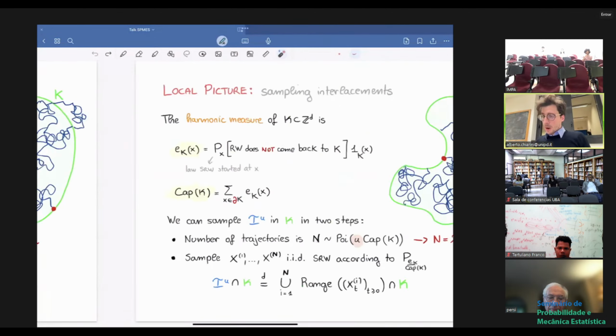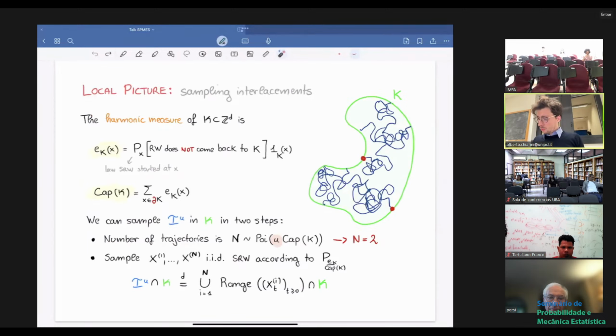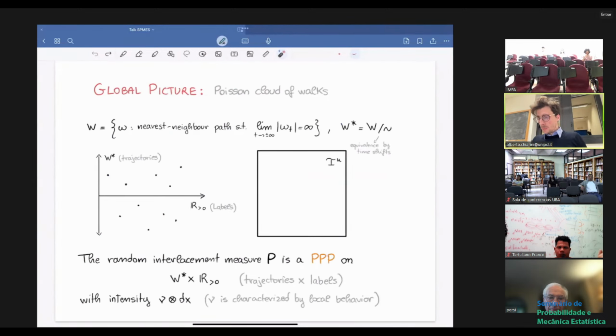There is also a way to give a global picture as a Poisson cloud of random walks. So one defines a Poisson point process of trajectories.